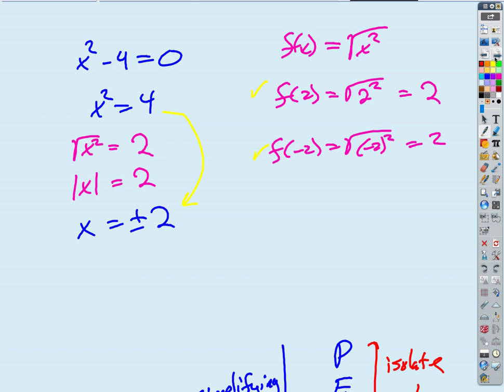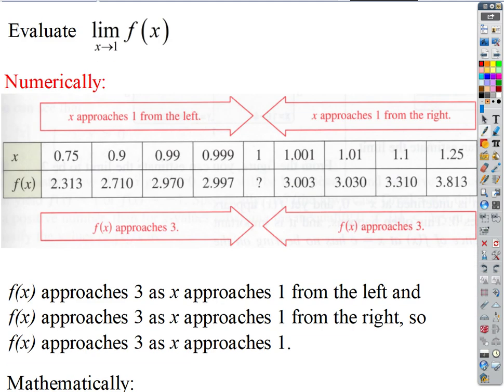Here's just another example, just kind of review from yesterday. If we wanted to evaluate this limit, the limit of x cubed minus 1 over x minus 1 as x approaches 1, okay? One way we could do this is, we could make a table, right? We could just input values of x that get closer and closer to 1 from the left, from values that are less than 1.